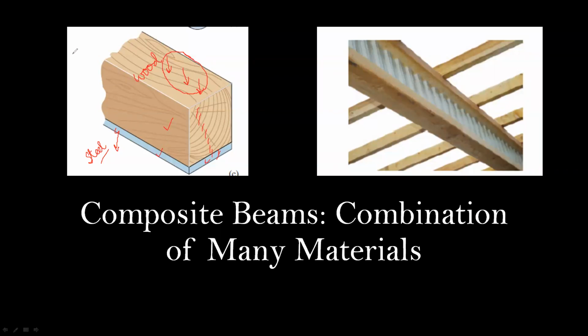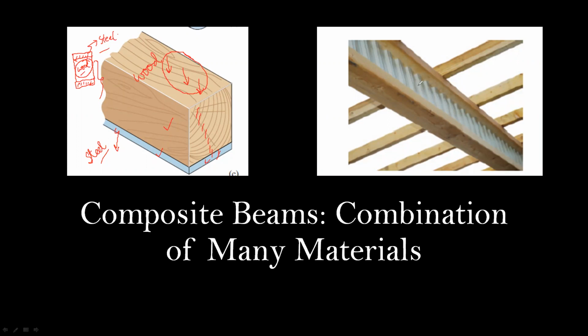Sometimes we will have a steel section followed by a wooden section, and one more steel section. So we can have a wooden portion in between two steel sections. That's also an example of composite beams.